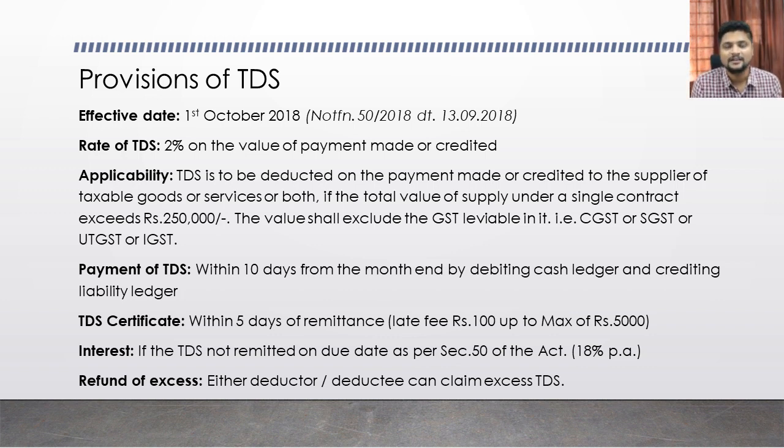If the TDS certificate is not provided within 5 days from the date of remittance, for example, if I remit the TDS relating to this month on 10th of the following month, from there I have to issue the certificate within 5 days.